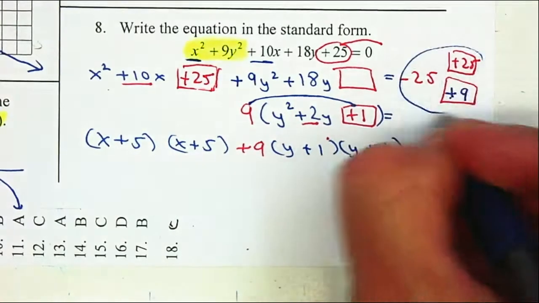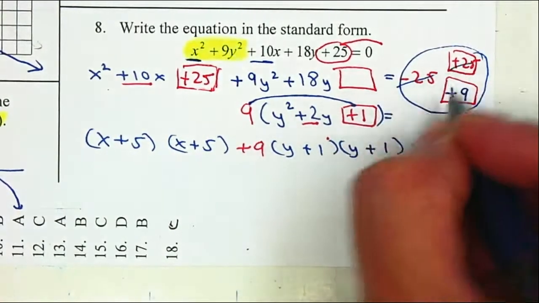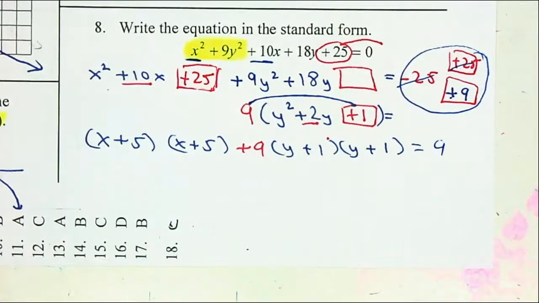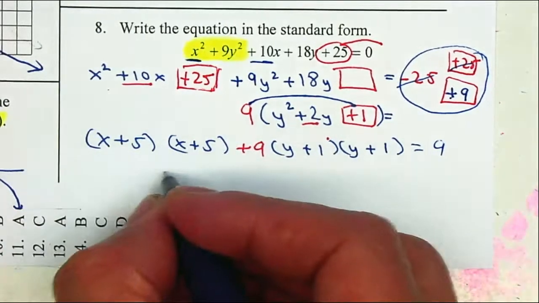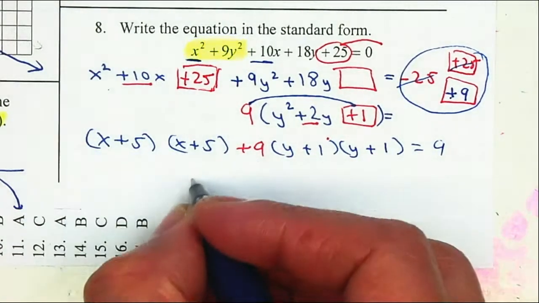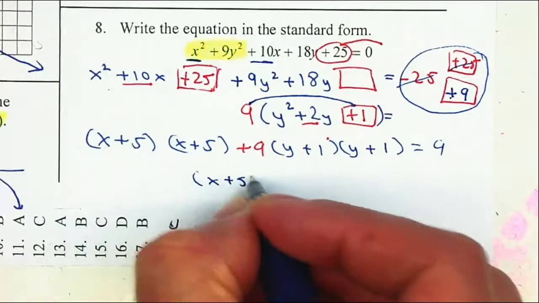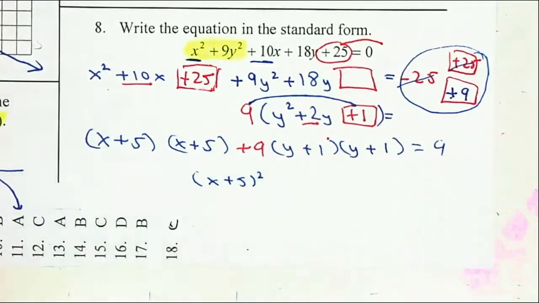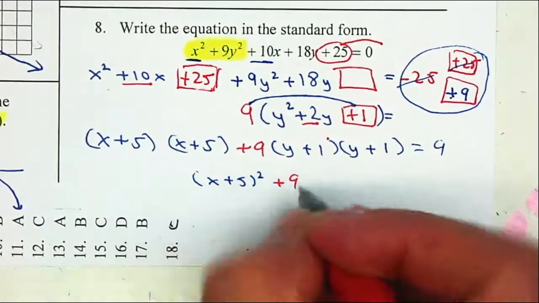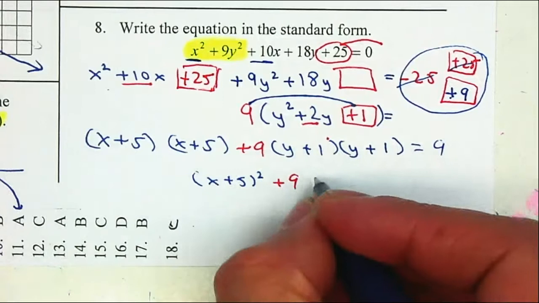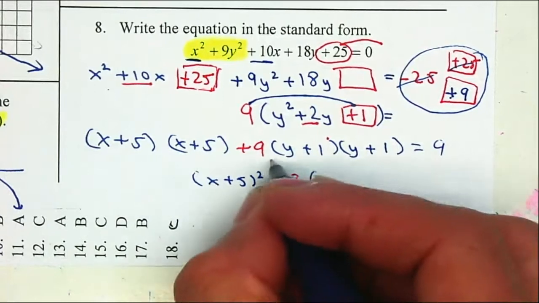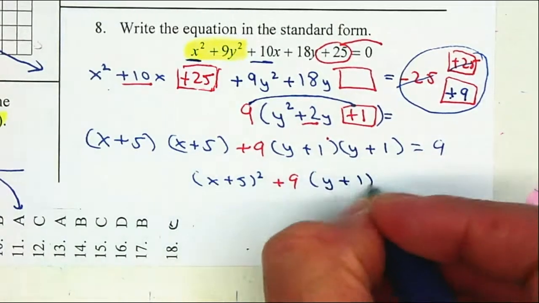And this, if I add it up, those two cancel, so it just gives me a 9. I'm going to rewrite it as 1. So I have x plus 5 squared, since they're multiplying, plus 9 times y plus 1 squared, equal to 1.